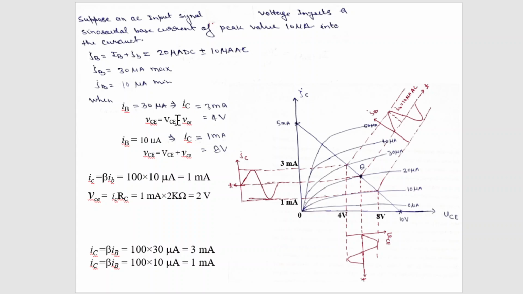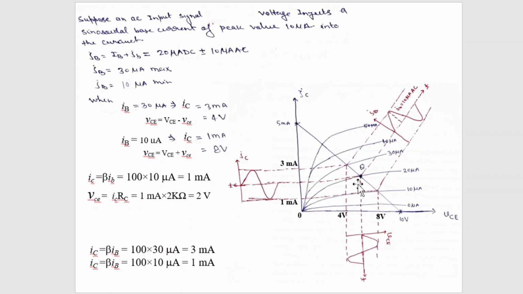So that will be capital VCE, which is 6 volt, and small vce, which is 2 volt. Once it will add and once it will subtract. Here we are subtracting, 6 volt minus 2 volt, that is 4 volt. And here 6 volt plus 2 volt, that is 8 volt. So the collector emitter voltage is now moving from 8 volt to 4 volt.